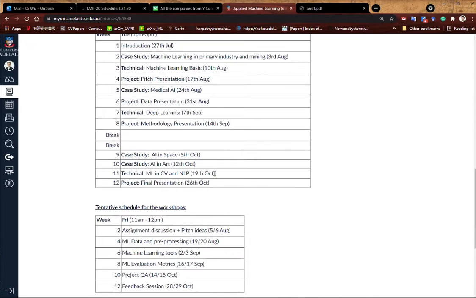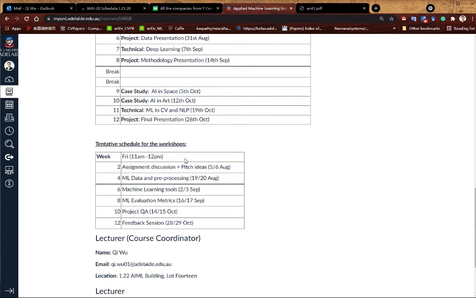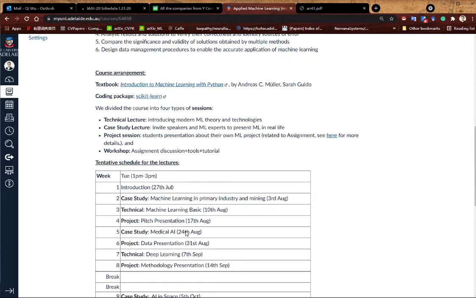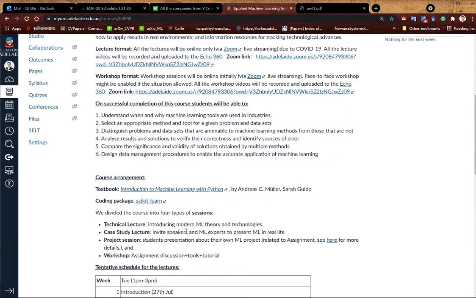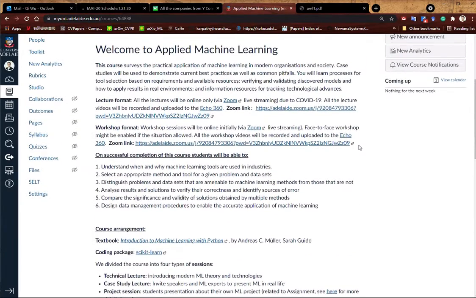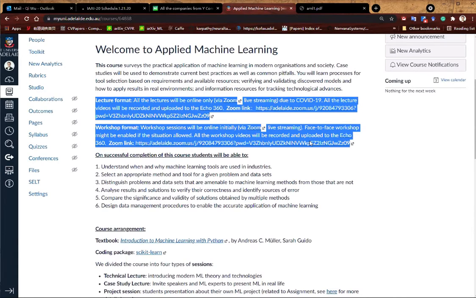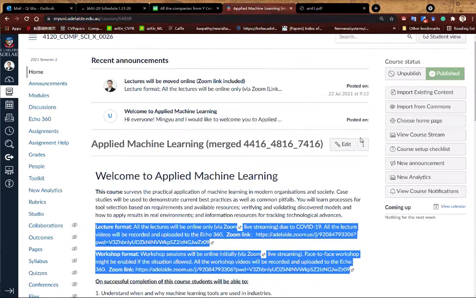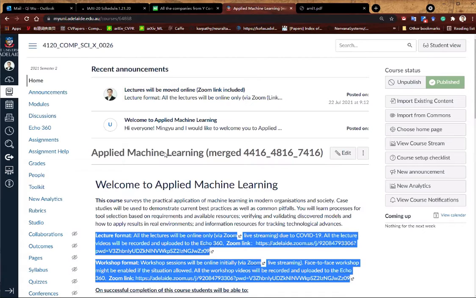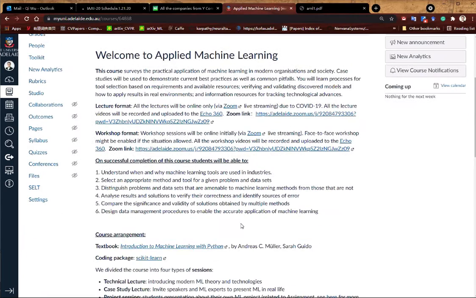So our first workshop and all the following workshops will be in the lecture room. We are still waiting for news from the university, and I will update this if I receive any news, and I will make an announcement about the lecture format.